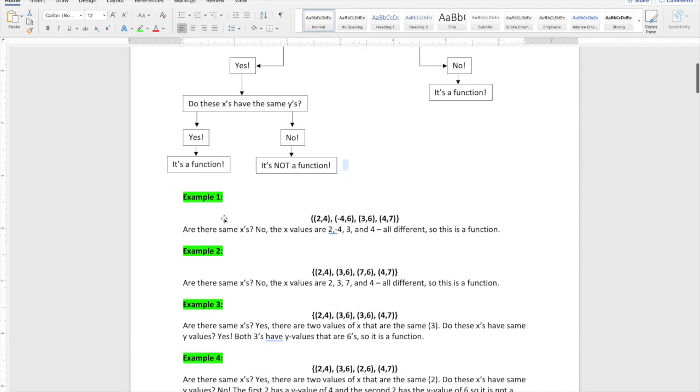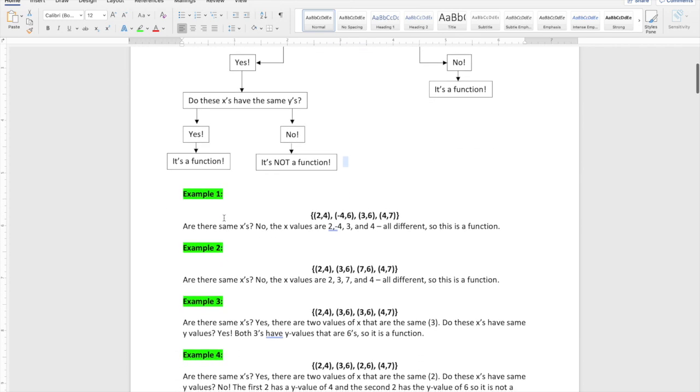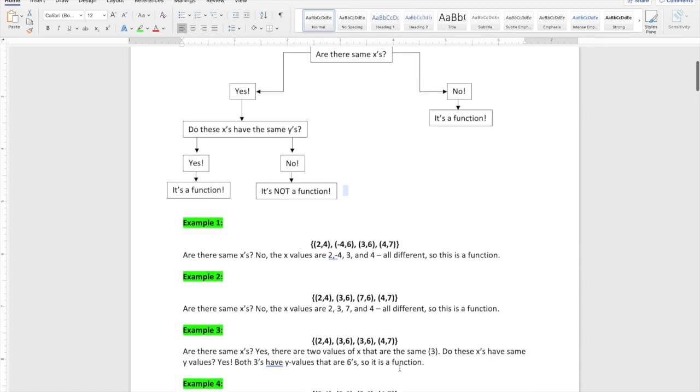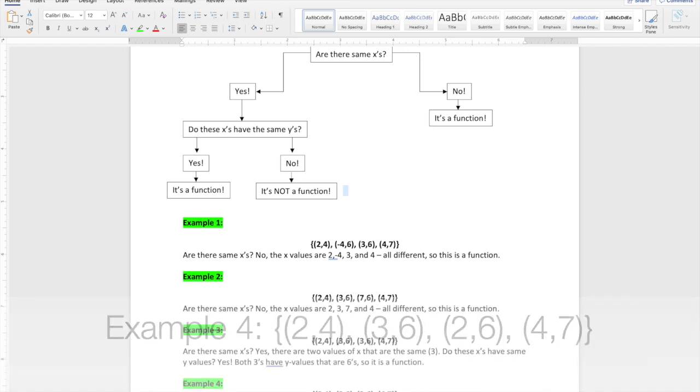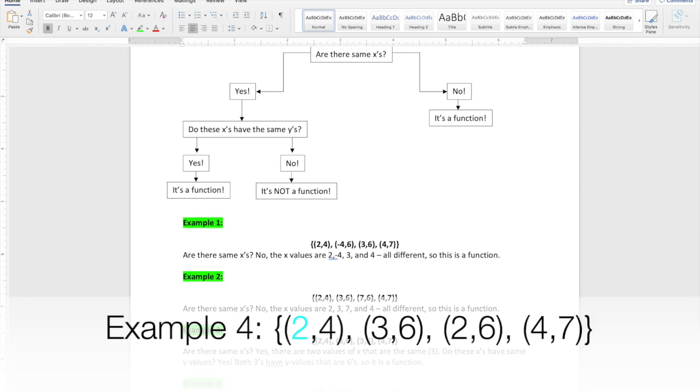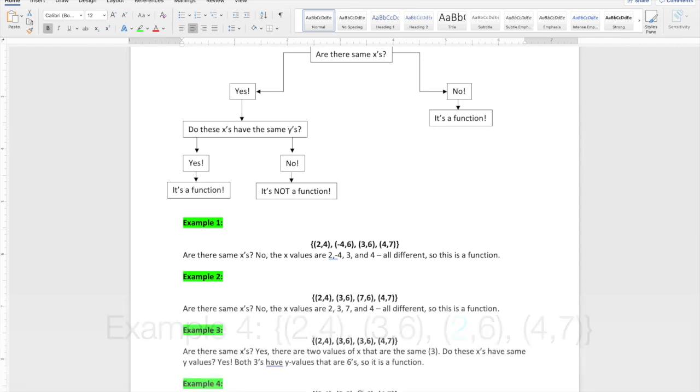Let's look at example 4. In example 4, you have 4 ordered pairs. So we start from the beginning. Are there same x's? Well, let's check our x's. You have a 2, a 3, a 2, and a 4. So the answer is yes, I have 2 of the x's that are the same. I have a 2 right here and a 2 right here.